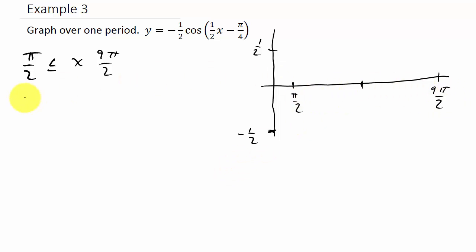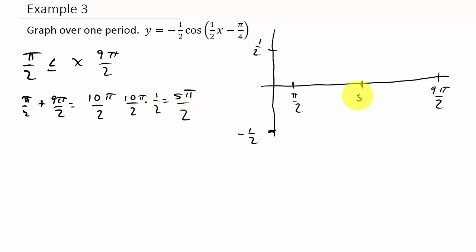So I've got pi over 2 plus 9 pi over 2. That is equal to 10 pi over 2. And then I take the 10 pi over 2 and I multiply it times 1/2, and that will give me 5 pi over 2. Alright, and then I've got pi over 2 plus 5 pi over 2, which is 6 pi over 2.